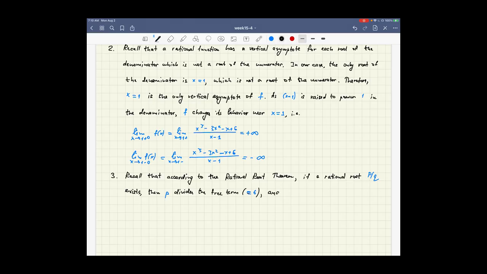And Q divides the leading coefficient, which in our situation is 1.